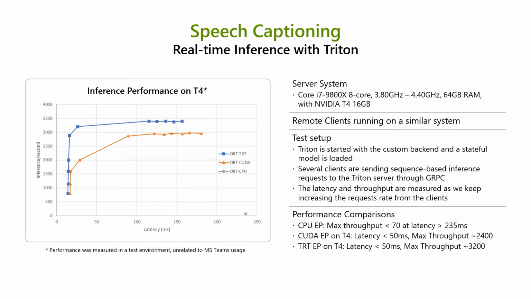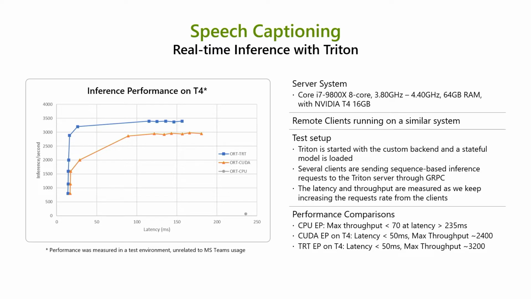As you can see, with the CPU execution provider on this system, the maximum throughput we can achieve is about 70, where the latency is over 200 milliseconds. But let's say you have a latency budget of 50 milliseconds. If you use the CUDA execution provider on the same system, you can achieve a maximum throughput of 2400.